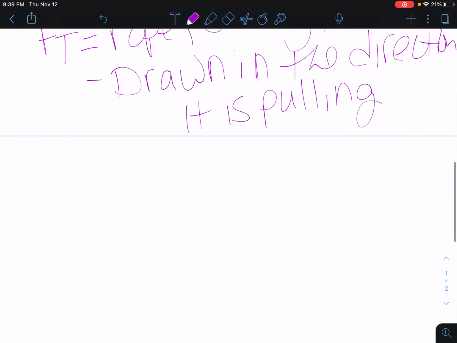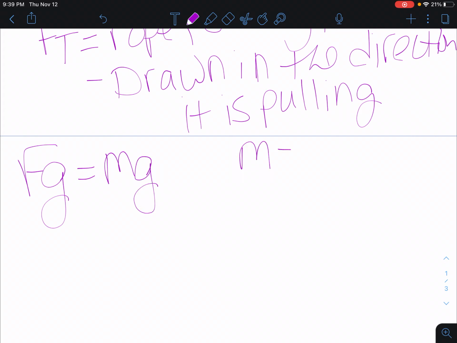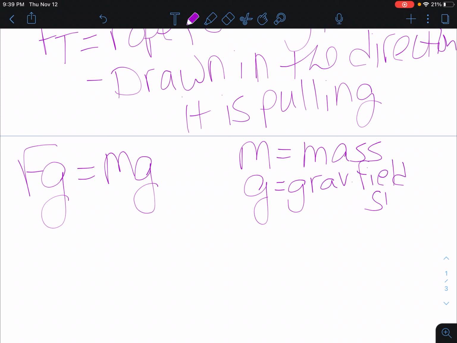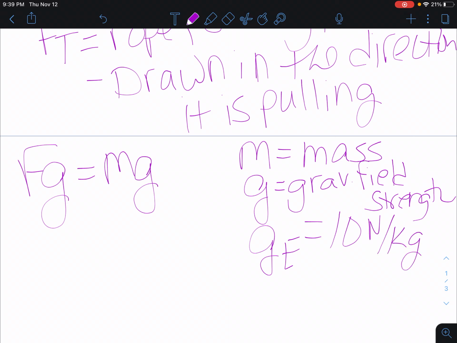And then last but not least, we talked about the gravitational force. And the gravitational force we calculated by taking the mass of an object times the gravitational field strength. So M is mass in this case, and G is gravitational field strength. And on Earth, we said that gravitational field strength has a constant value of about 10 newtons per kilogram.